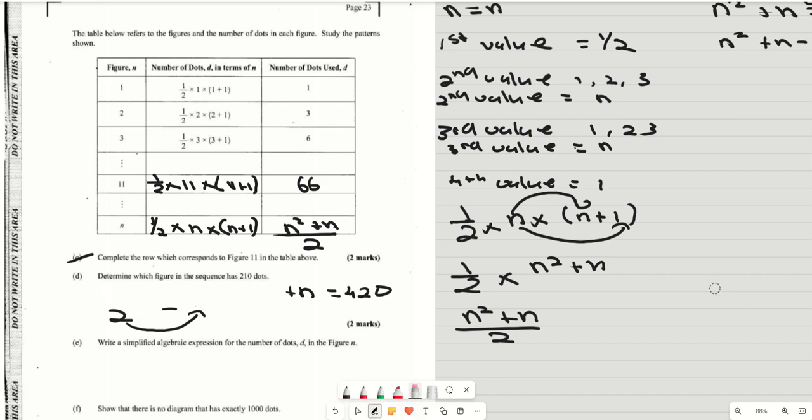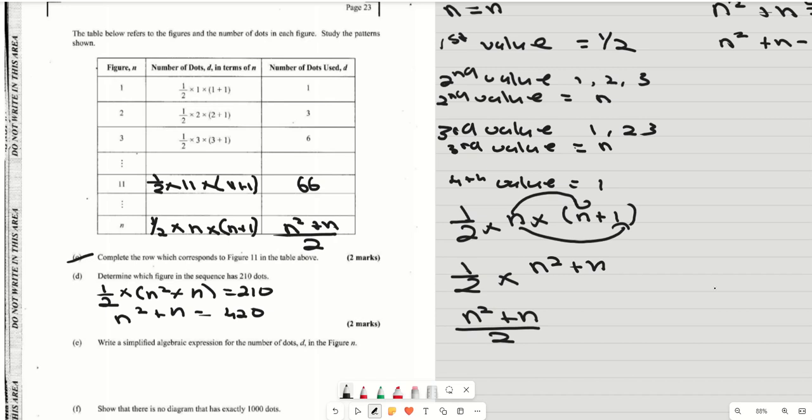Let's erase this. Another way you could have done it is use the number of dots. So you have a half, because that is a lot of work for just 2 marks and they give you so little space. When you multiply this, you're going to get n squared plus n, right, is equal to 210.